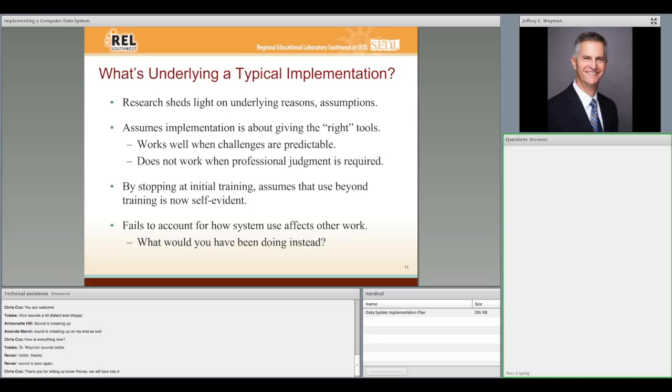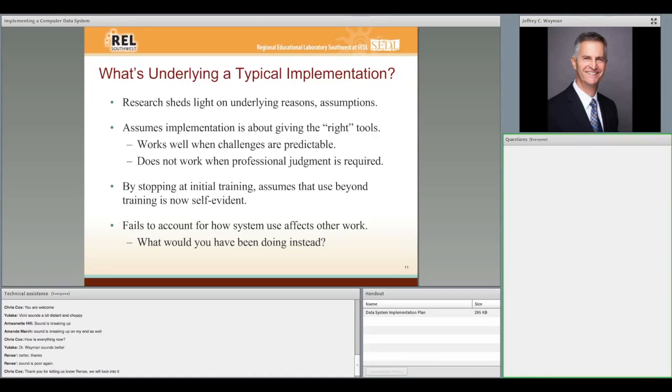Consequently, contexts where professional judgment is required are fairly unpredictable. Not unpredictable like crazy, but unpredictable in that a lot of things will come up that you didn't think about when you built this system and gave them the right tools for the job.